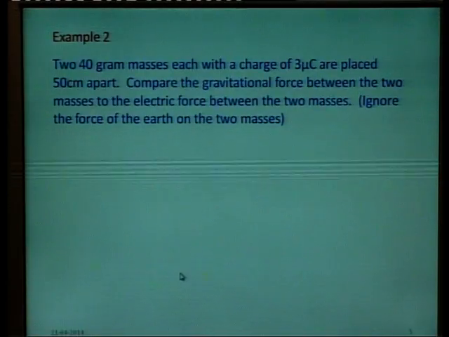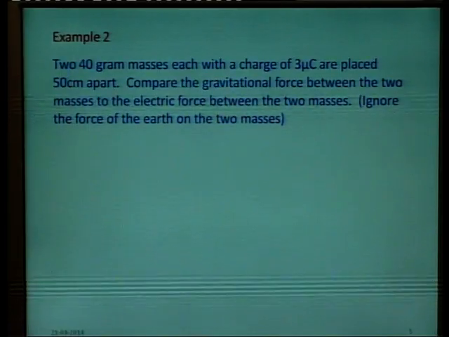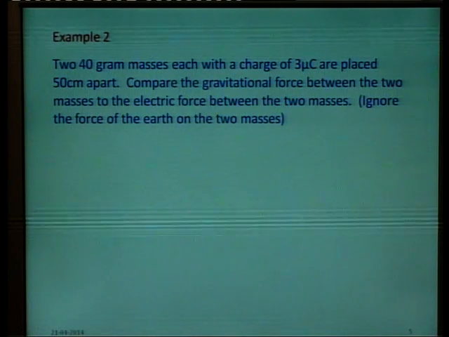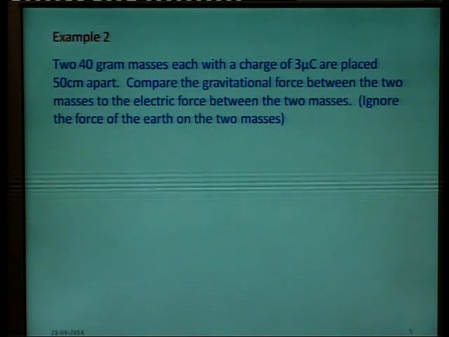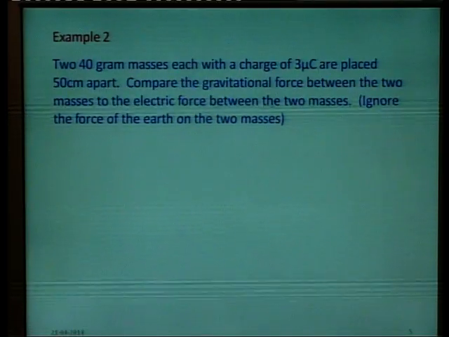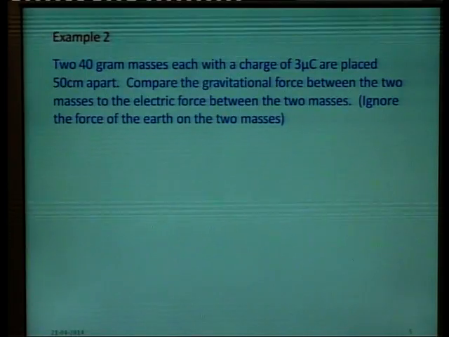Now, this is an example which will compare electrostatic force and gravitational force. The problem reads, there are two 40 gram masses, each with a charge of 3 microcoulomb, and these two masses are separated by say 50 centimeters.